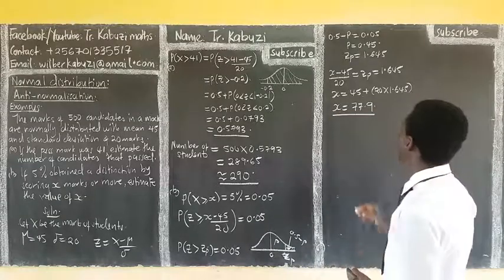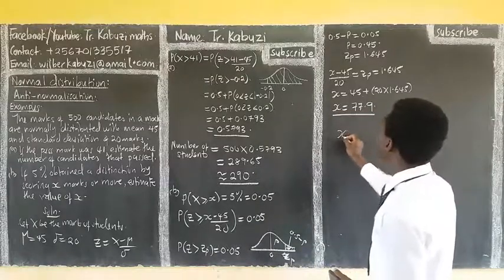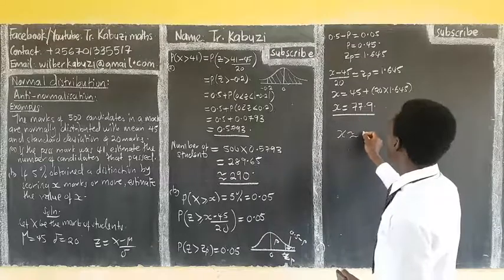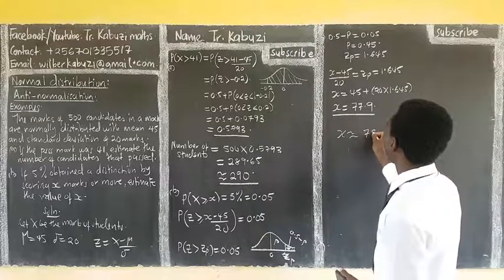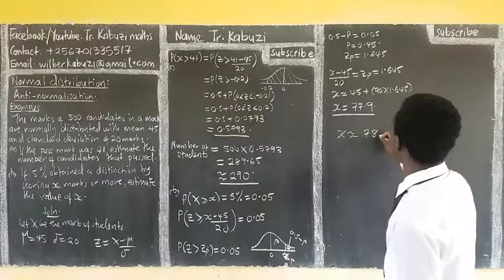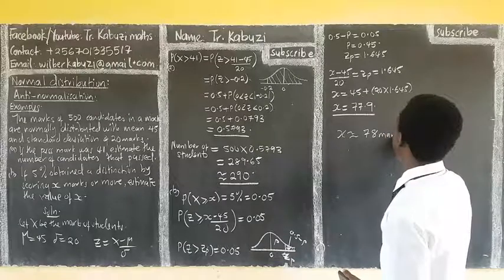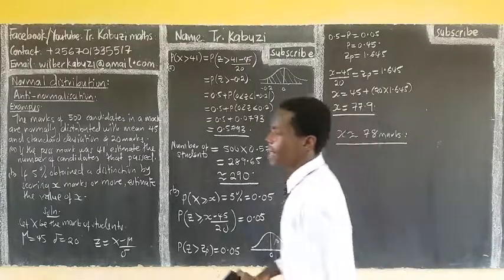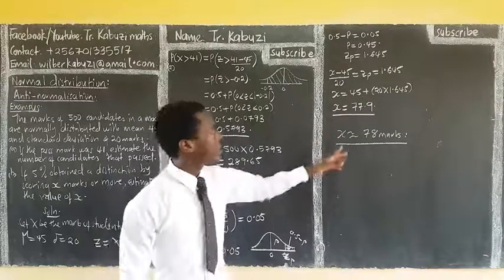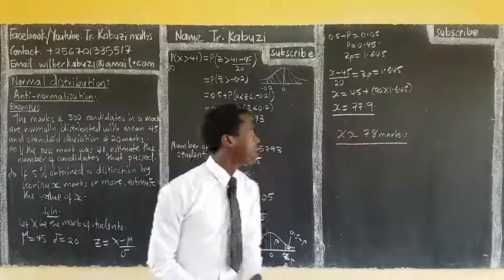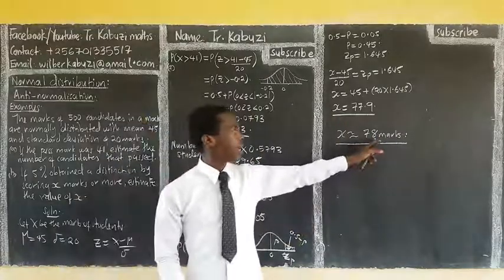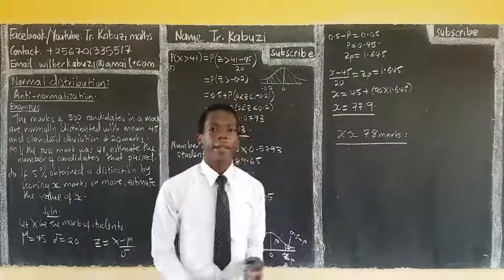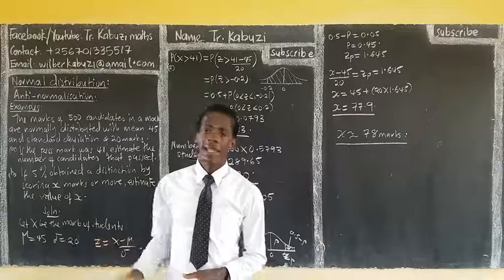Estimate X: if you give it to 2 figures, you can estimate it as 78. You give it the next integer. So that's it, members. The next integer after 77 is 78. Whoever scores 78 or above is going to get a distinction.